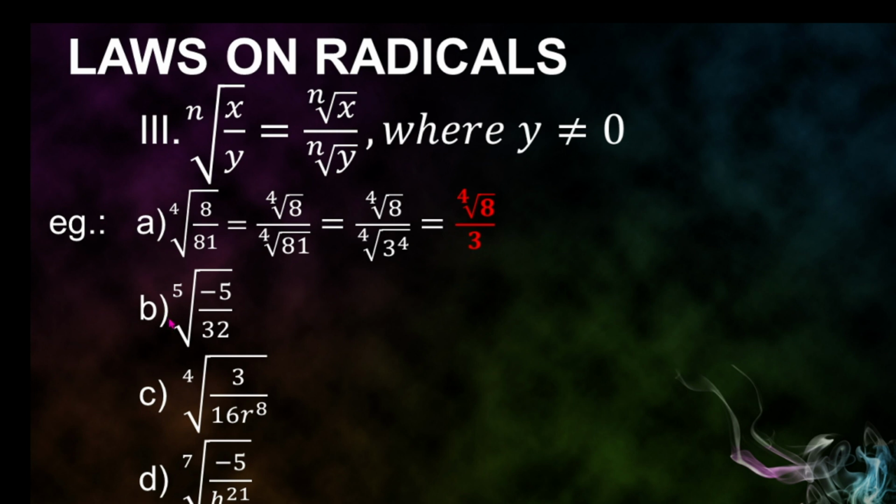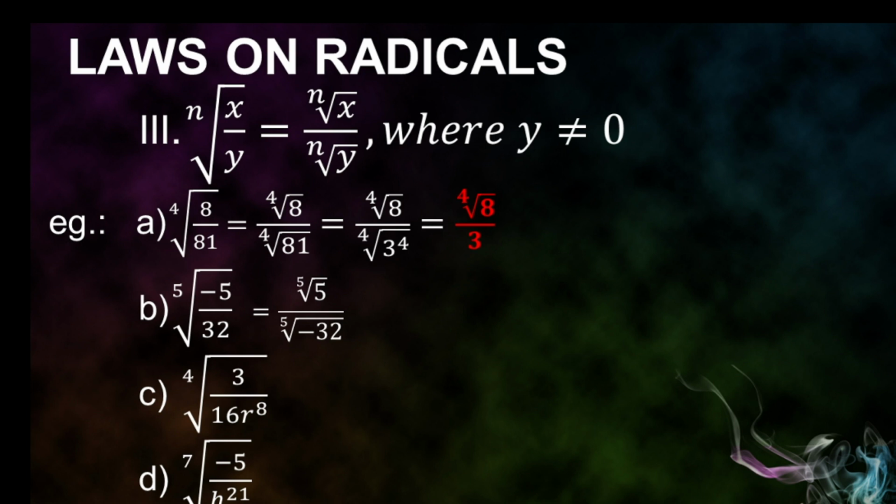Next, we have the fifth root of negative 5 over 32. We are going to separate the numerator and denominator in order to simplify the given radical expression. So we have the fifth root of 5 over the fifth root of negative 32. Take note that the negative is placed in the denominator so that our radical is free from a negative radicand.